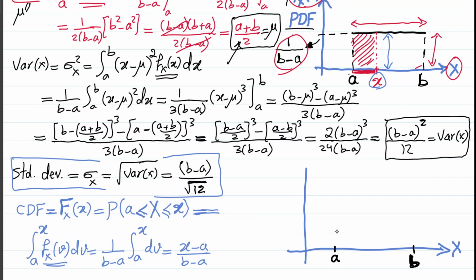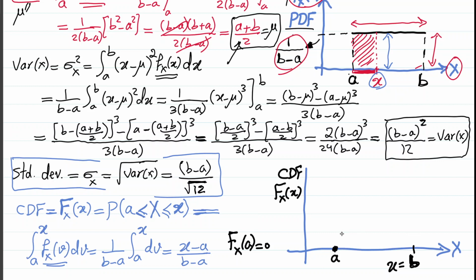At a, when you compute the CDF, naturally you just substitute x with a, and you can see that the numerator becomes 0 as expected. So if this is the CDF, or capital letter F on the y-axis, at this point you are crossing at a. And of course, when you get to b, when x is equal to the max allowed value, it is the whole area under the distribution.